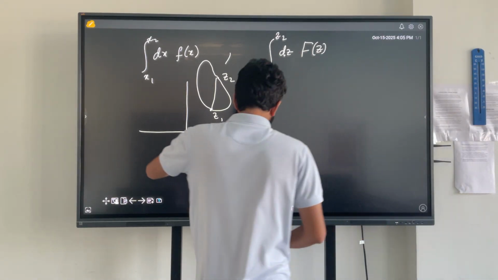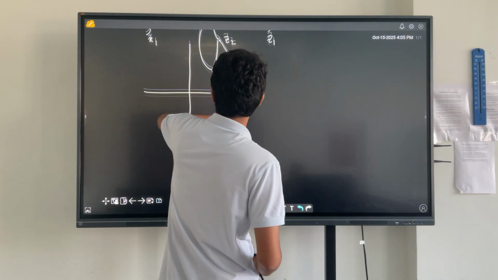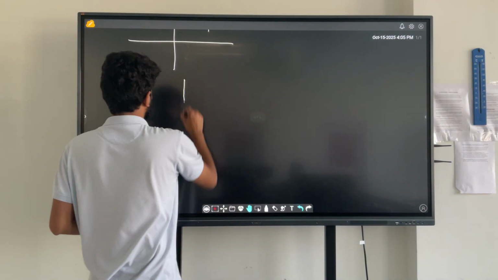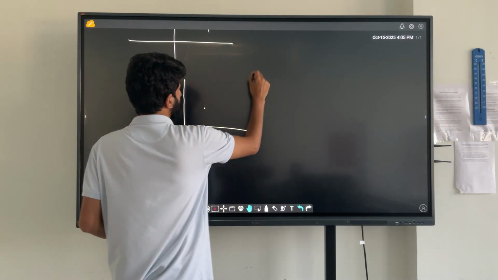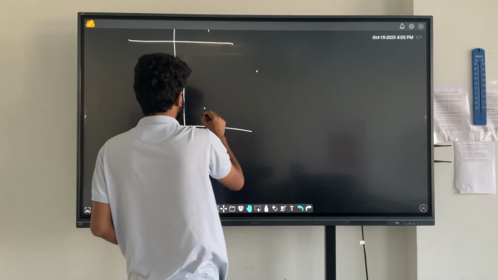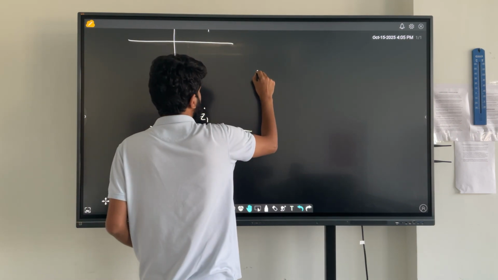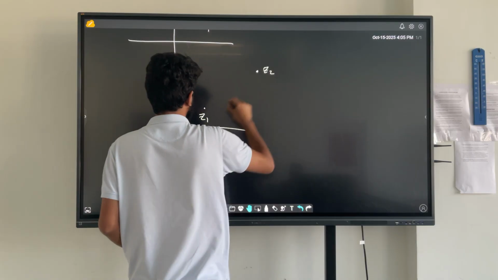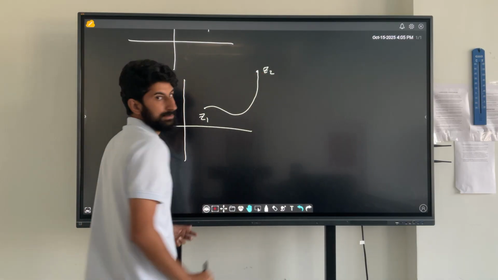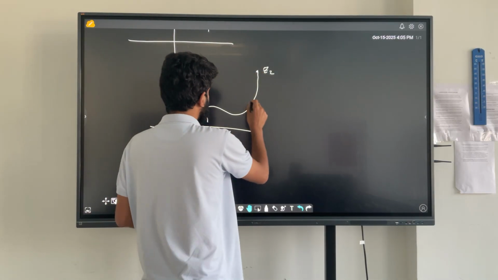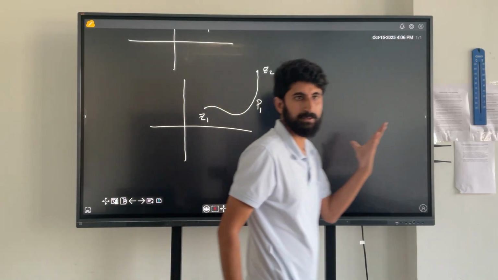Now, to show that, let me consider two paths from z1 to z2. Let me consider one path like this, and let me call this path P1, whatever this path is.